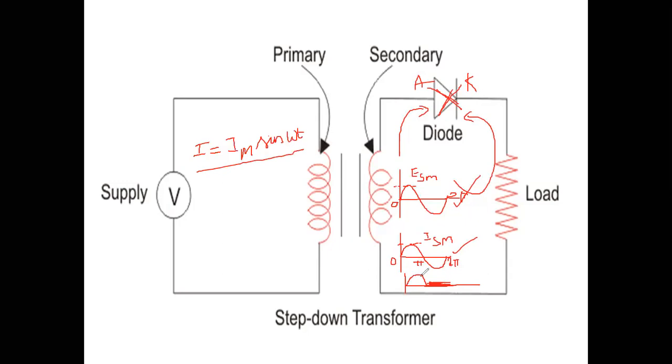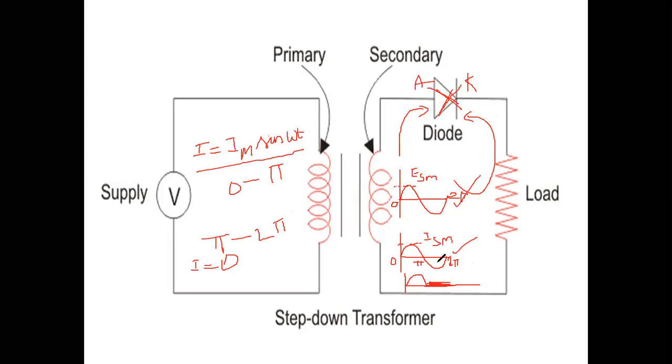So this load current I am getting from 0 to pi only. Why? Because during the positive half cycle only, the diode is on. During the negative half cycle, the diode becomes off, so from pi to 2 pi, current I becomes 0. We have to keep this in mind.